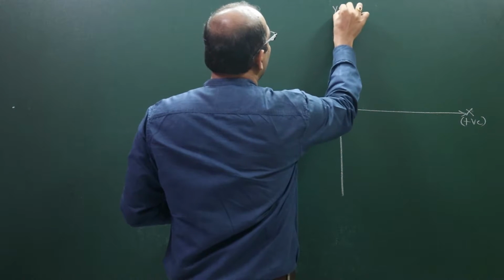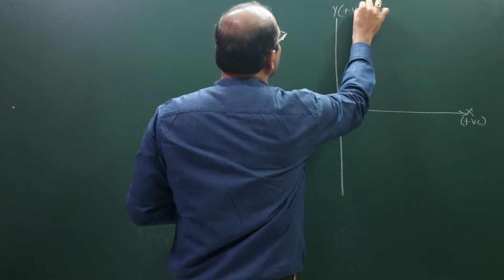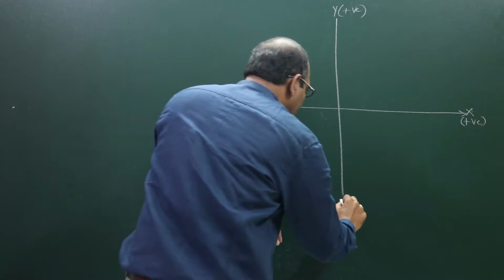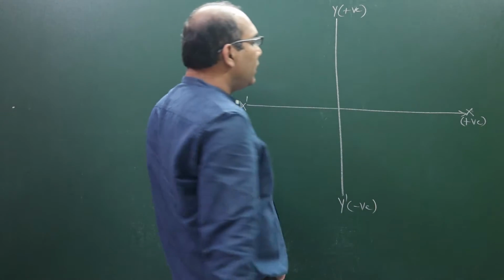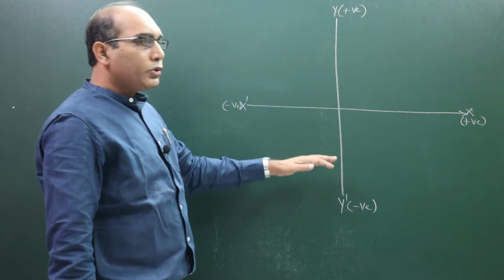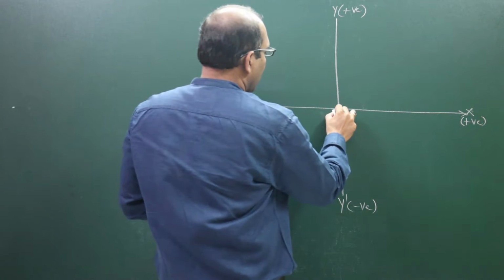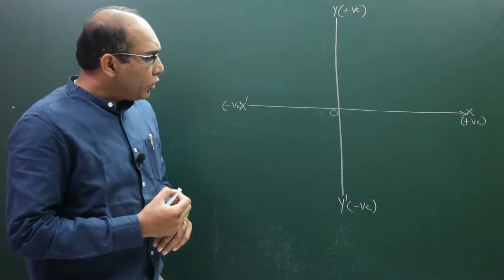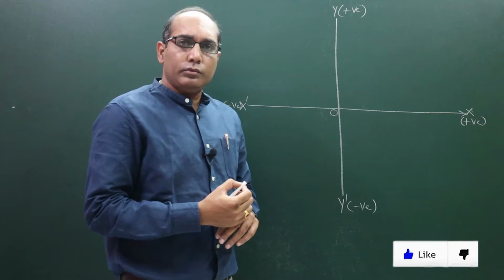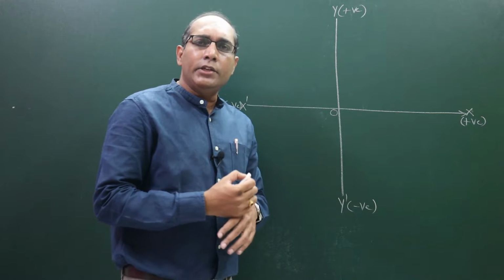This is positive y-axis and this is a negative y-axis. The intersection of these two lines is origin, as we know. So we have to form a right angle triangle.